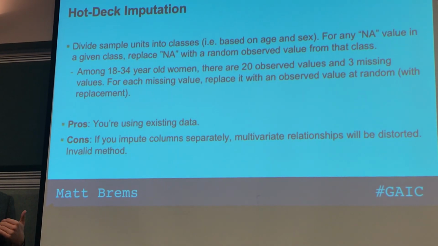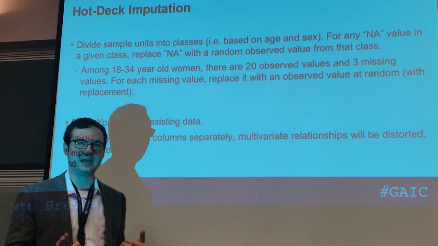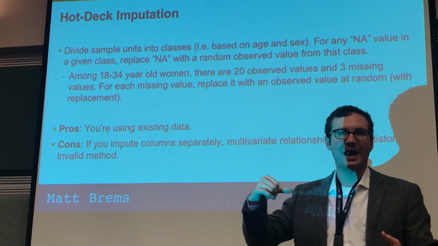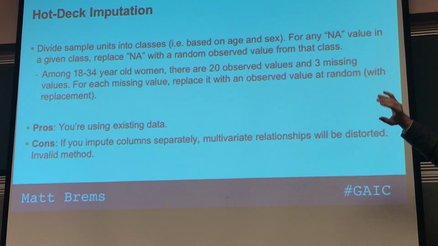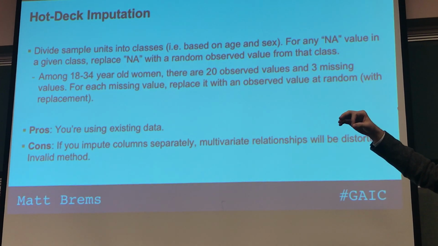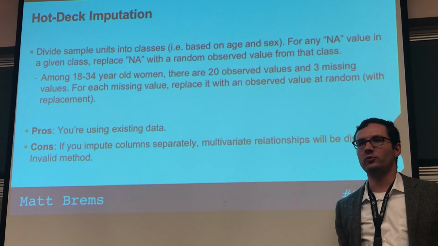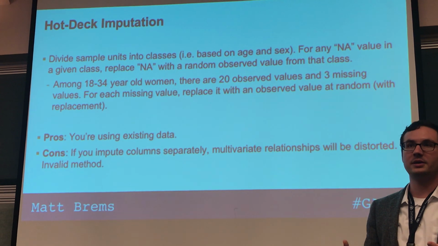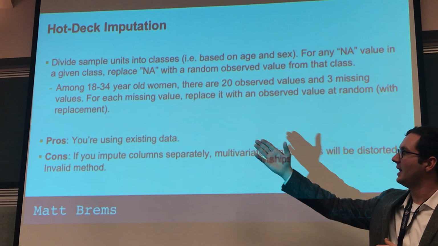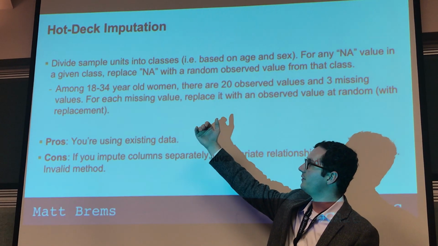This is like bootstrapping. In this example here, I've got 23 different values: 20 observed values and 3 missing values for income, among 18 to 34-year-old women. So I've observed age, I've observed sex, and I split them into groups, and I'm looking at 18 to 34-year-old women, for example.